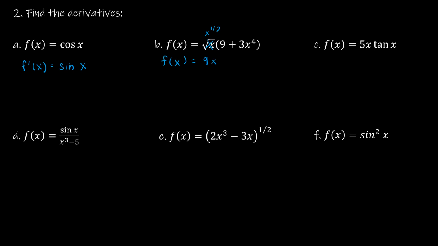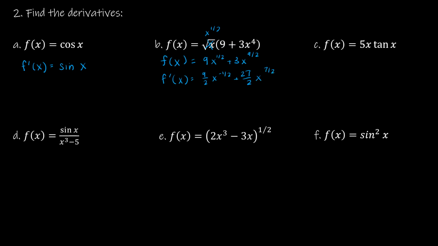So this is 9x to the 1/2, and 3x to the, remember 4 would be the same as 8/2, so that's x to the 9/2. Now I'm going to take the derivative. So I'm going to have 9 times 1/2, or 9/2 x to the negative 1/2, and then 3 times 9/2, which would be 27/2, x to the 7/2.